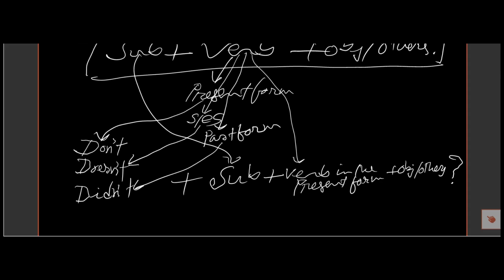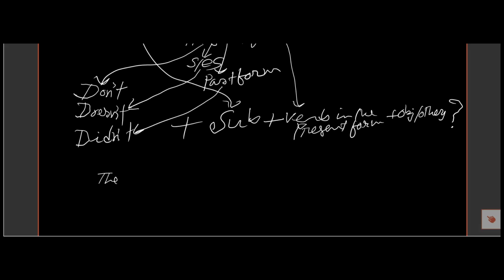Now let's see an example. The boy goes to school every day. So here is s or es in goes. If the verb takes s or es, then the structure is doesn't.